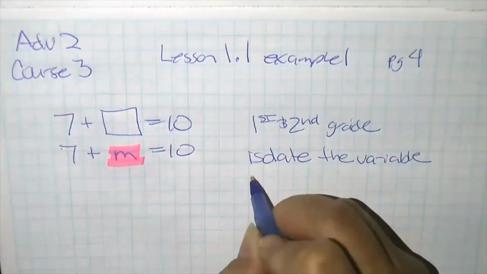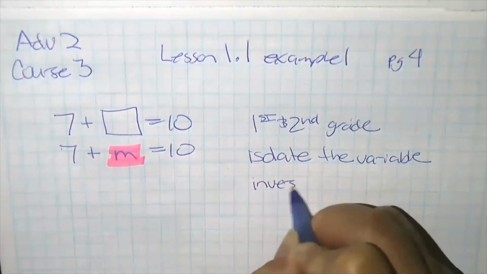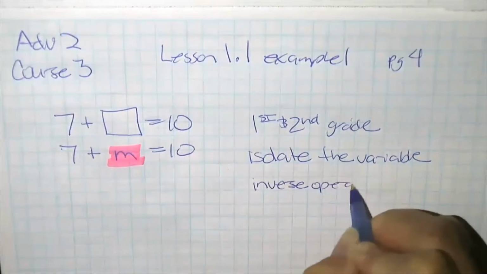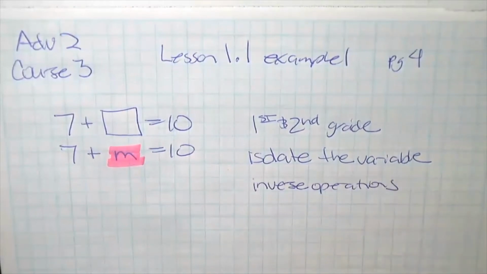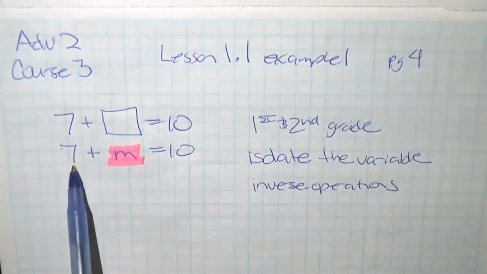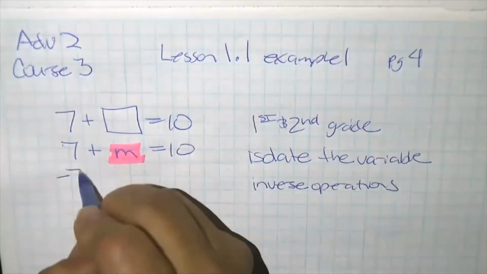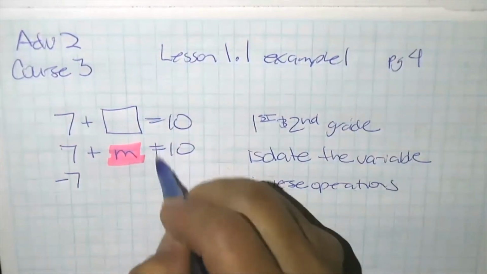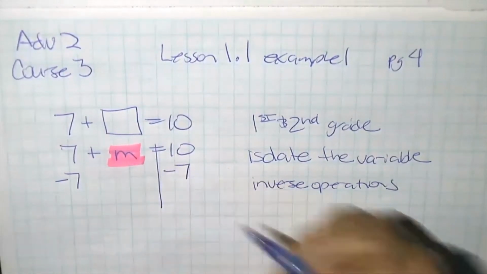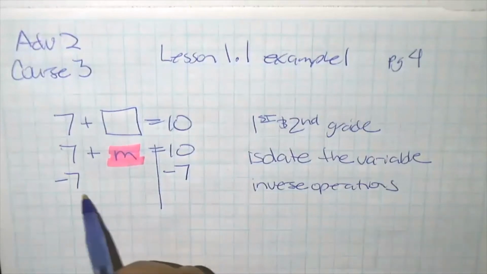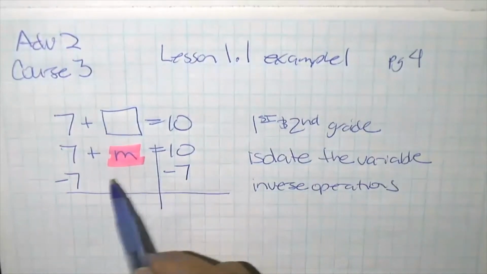So we're going to use inverse operations. What is the inverse of positive 7? Negative 7. So what I do to one side, I must do to the other. We need to keep both sides balanced.